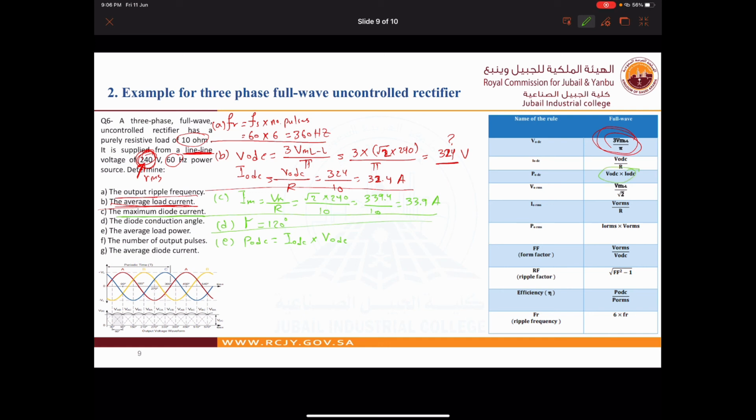It is equal to 324 multiply by 32.4, which is equal to 10,497. I'm not sure about this number, shabab. Okay, check.